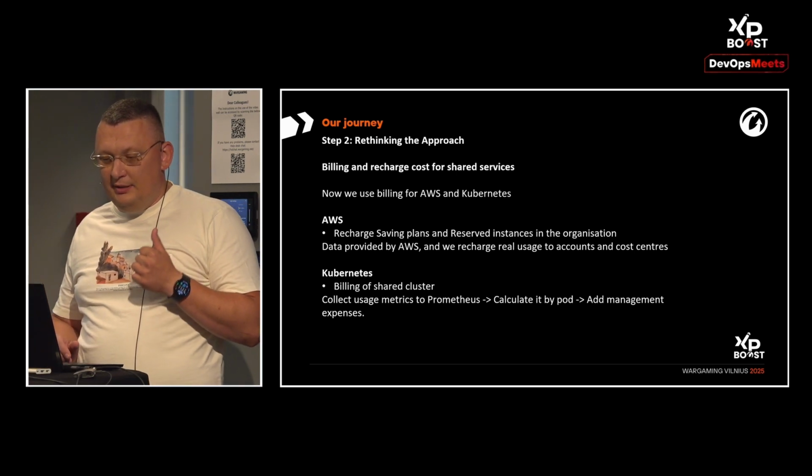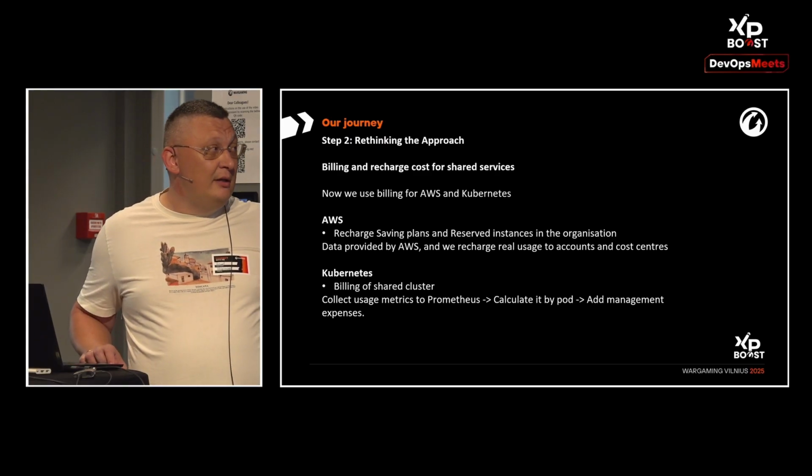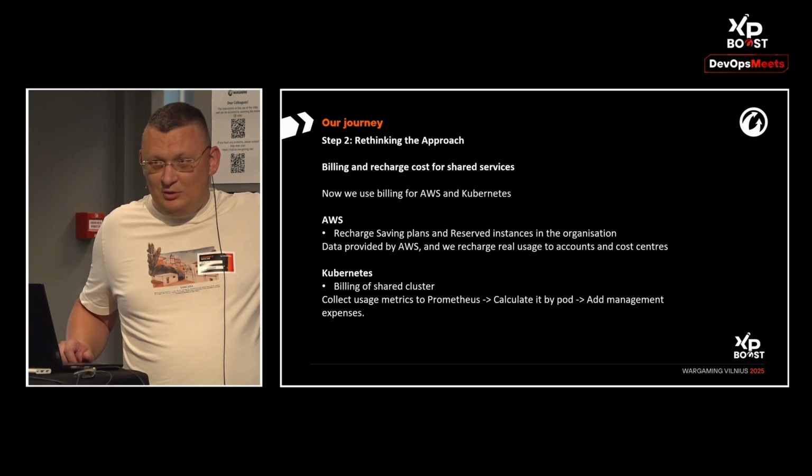Yes, it's very detailed, and you can find which exact EC2 instance used your savings plan in this hour. We aggregate all this data and can recalculate and assign it to the exact cost center. And this is all the magic.